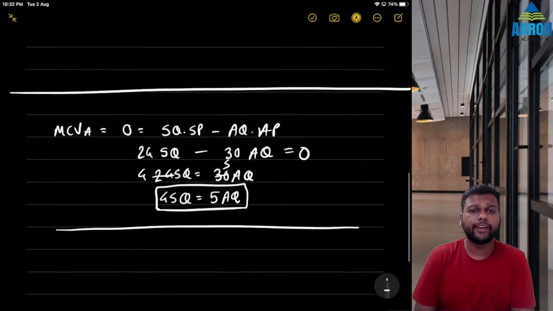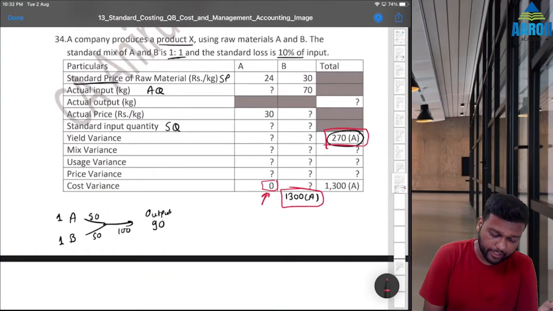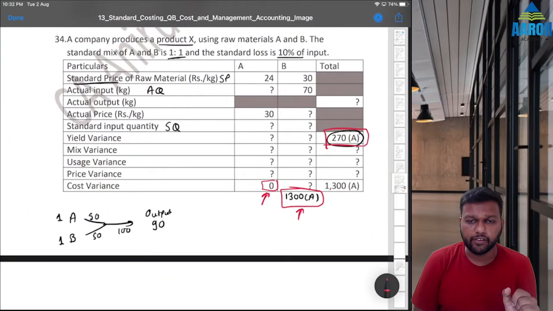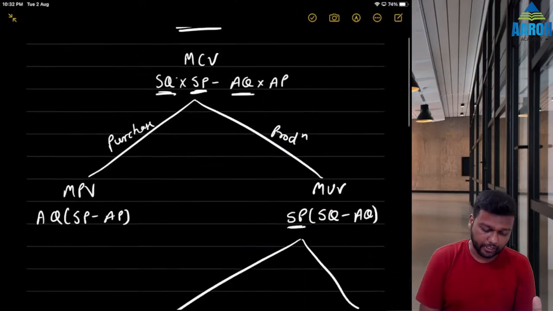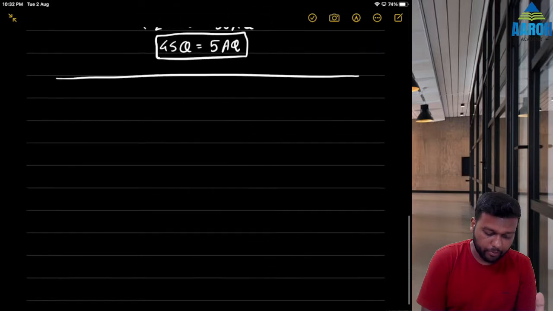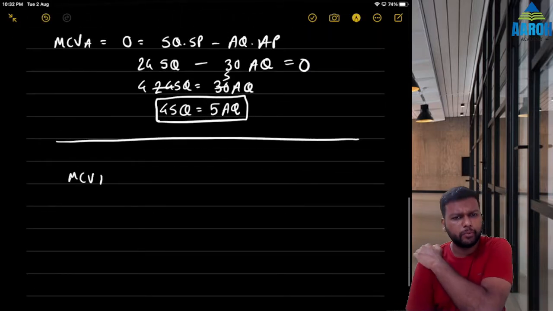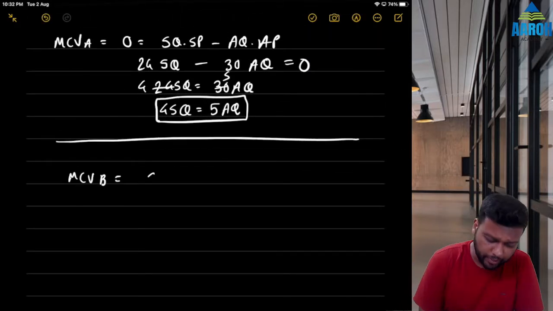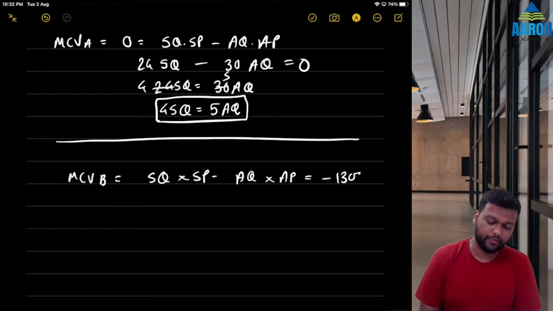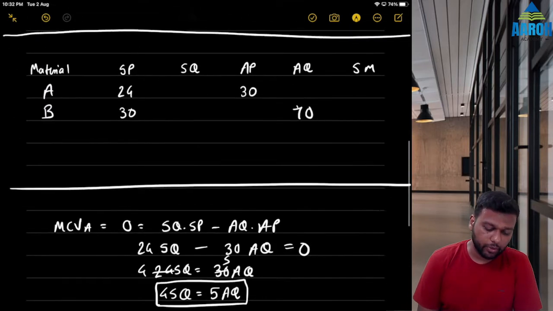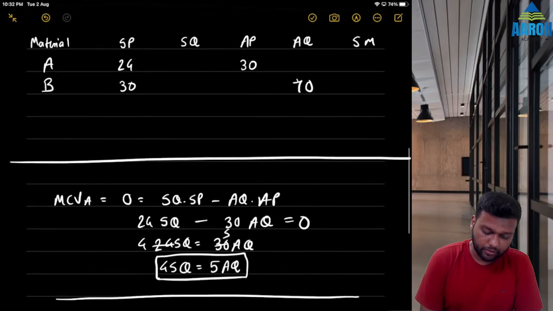Second way. What is the second thing that we had? This, right? 1300 adverse. Let's start from that. 1300 adverse is material cost variance of B. Material cost variance of B will be what? SQ of B into SP of B minus AQ of B into AP of B. That is 1300 adverse. That means minus 1300. Let's see what we have. SQ, no, 30 SQ, right? SP is 30.